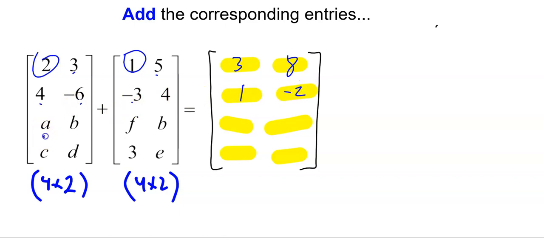This next one would be kind of interesting, since these are variables. This would be A plus F for that entry, and then B plus B, or 2B. The bottom left-hand term is 3 plus C, or C plus 3. Those don't really add nicely together. And then finally D plus E. So that's the resulting matrix.